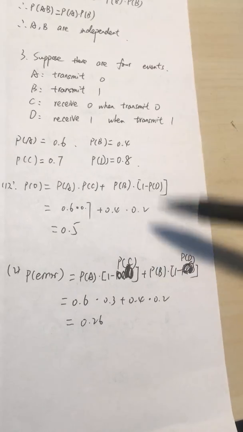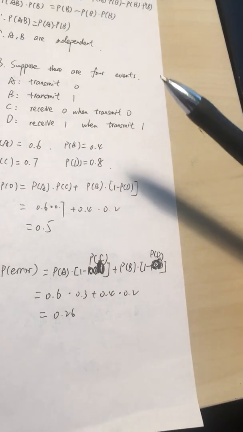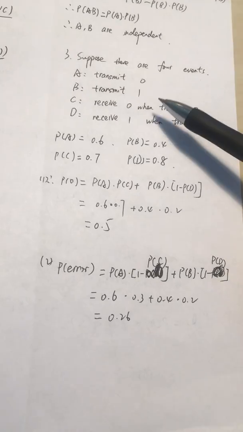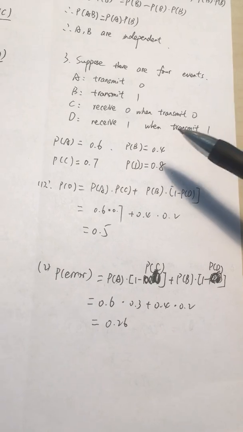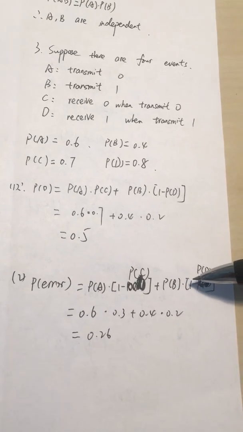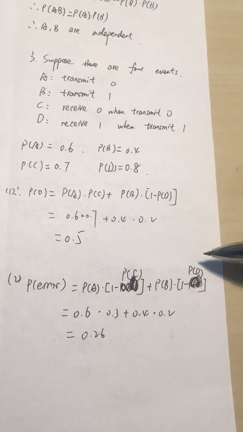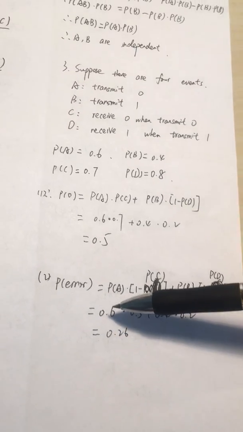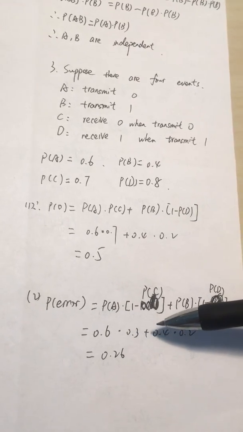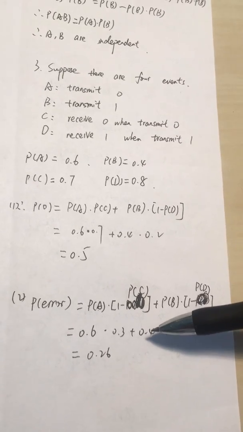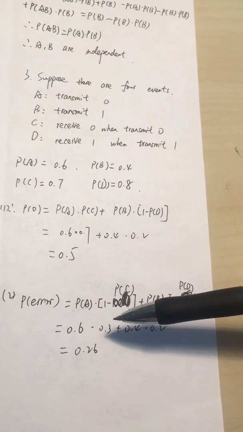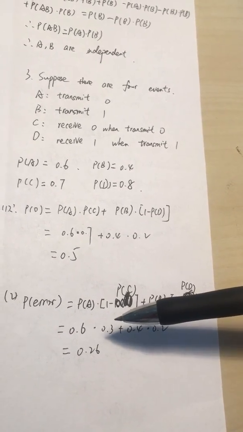And the second circumstance is the transmitter sends 1 but the receiver receives 0, so it's PB multiply with 1 minus PD. The answer is 0.6 multiply 0.3 and we add 0.4 multiply 0.2, so the answer is 0.22.